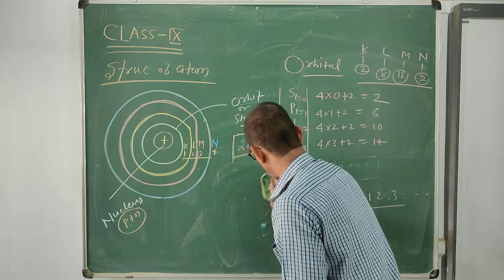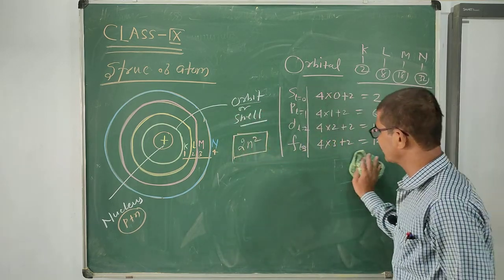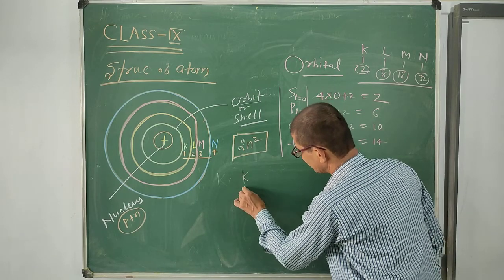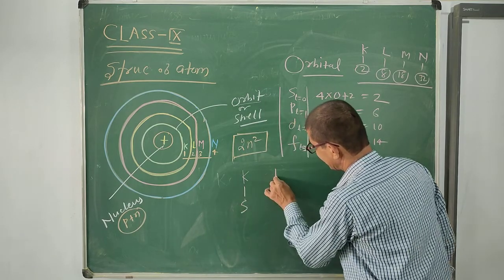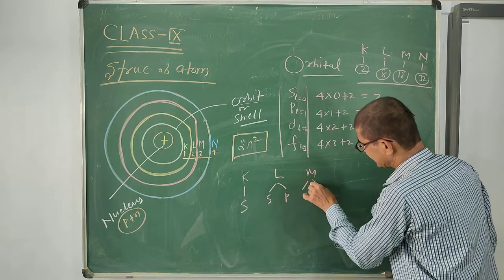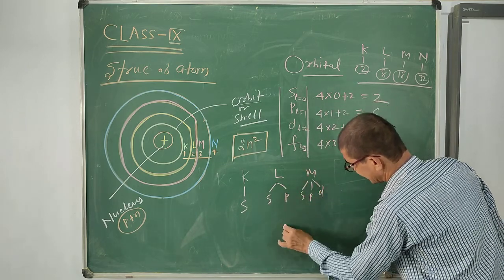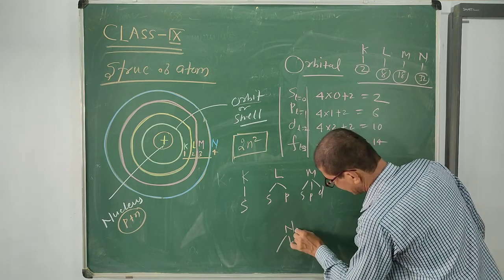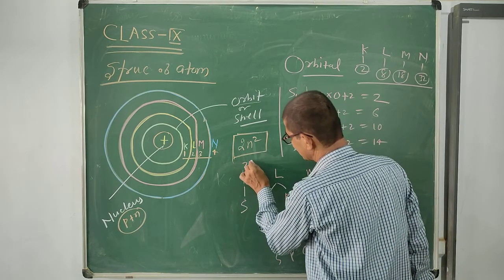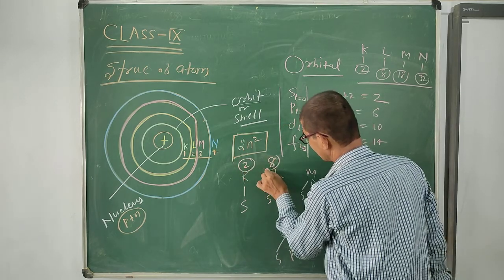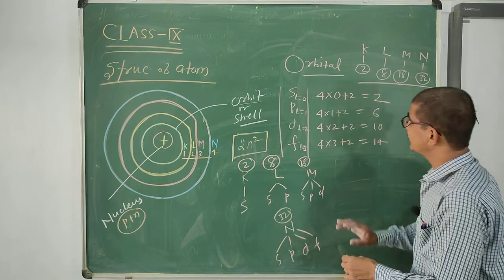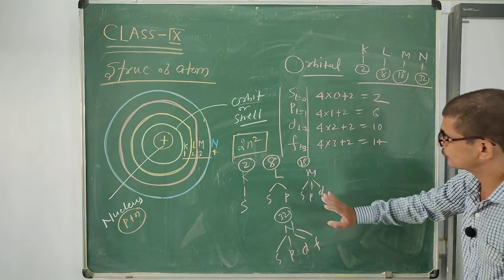Now, how can you say an orbit is broken down into orbitals? It's very simple. K is broken down into S, L is S and P, M is S, P, D, and N is S, P, D and F. The maximum electrons in the K shell is 2, L shell is 8, M shell is 18 and N shell is 32, already calculated here with the help of the formula 2n square.